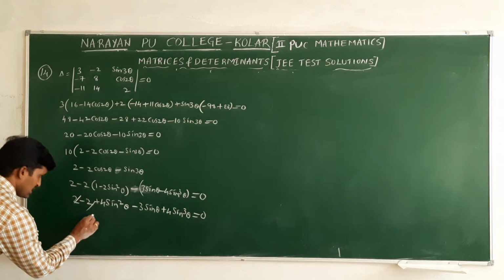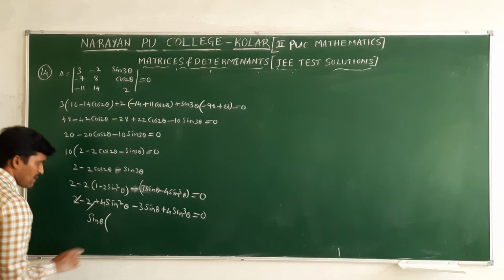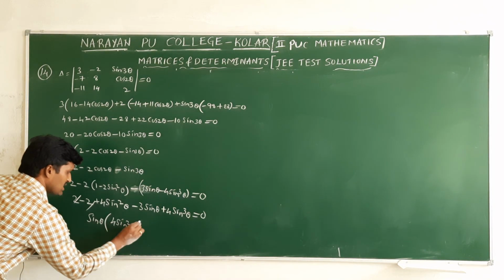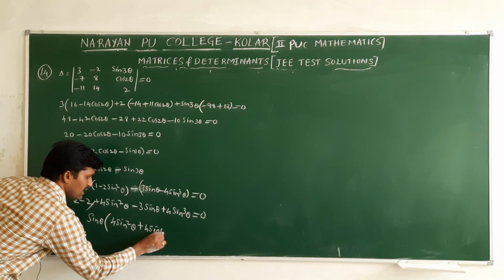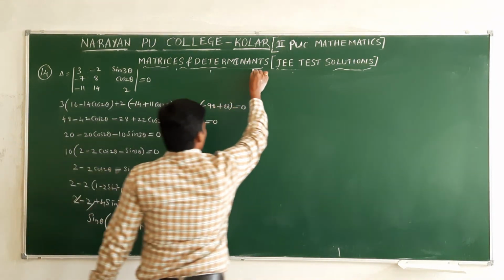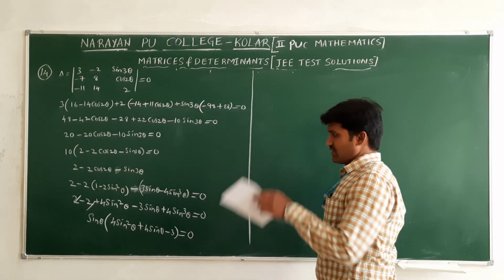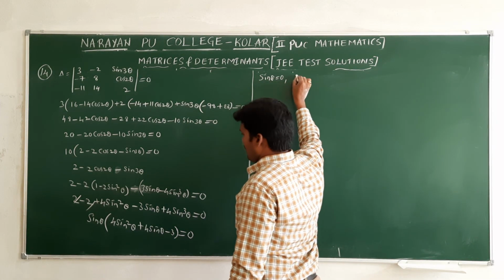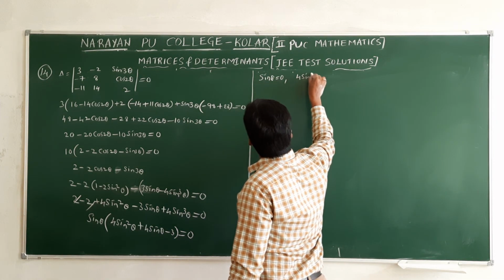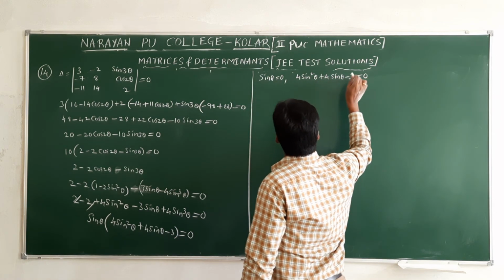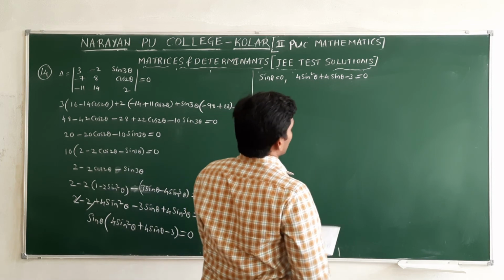We will take sin theta common overall. Sin theta common means first the highest term 4 sin square theta, next plus 4 sin theta minus 3 equal to 0. Now the second term is a quadratic equation in terms of sin. First value: sin theta is 0, or 4 sin square theta plus 4 sin theta minus 3 equal to 0.